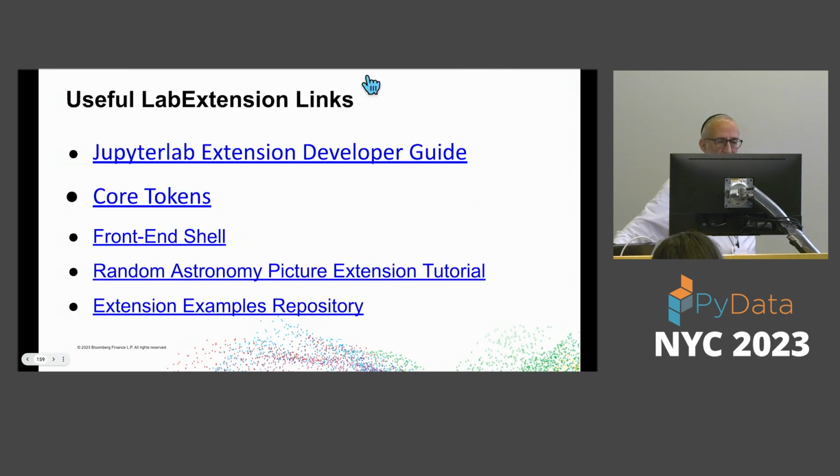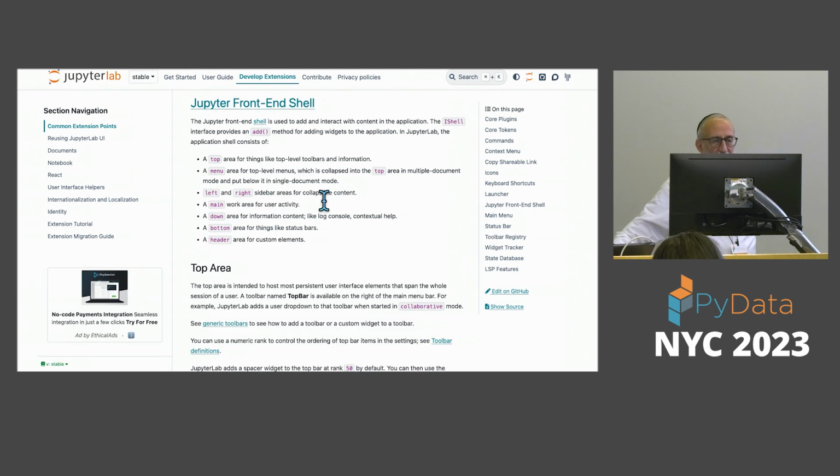Let's see, what else did I want to talk about? The front-end shell. This is the thing I was talking about before. When you're creating a widget, we used main, put it in the main area. We also used left. You can see there's top, there's menu for the menu items. There's left and right, down and bottom. I'm not sure what the difference is between down and bottom. I guess the bottom is the lower part with status bars and header.